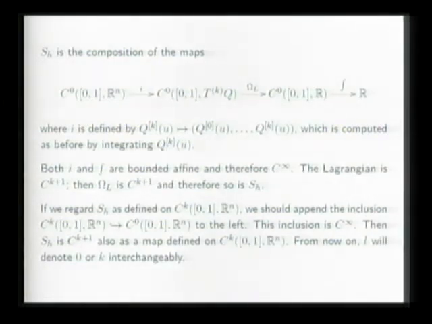And from now on, we will use this letter L to denote either 0 or k, interchangeably. We will work with, here, for example, Z0, and SH goes from Z0 to R, or from Ck to R, we will just use the letter L.